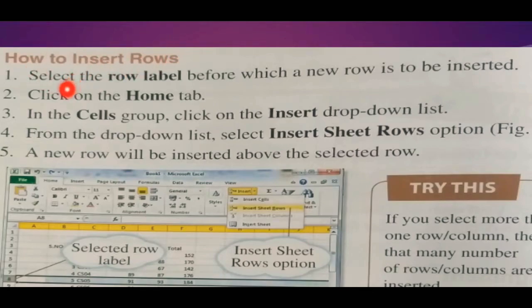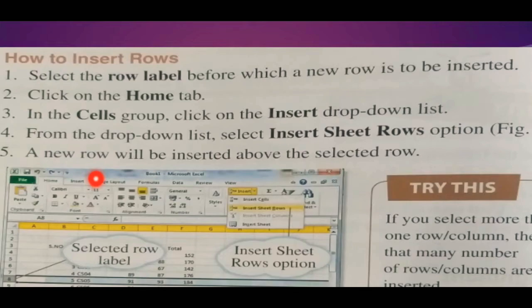Select the row label before which a new row is to be inserted. Click on the Home tab. Then in the Cells group, click on the Insert drop-down list. From the drop-down list, select Insert Sheet Rows.